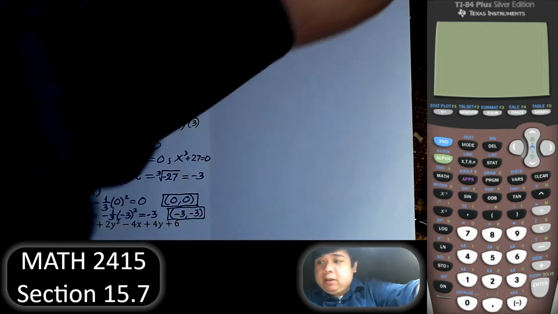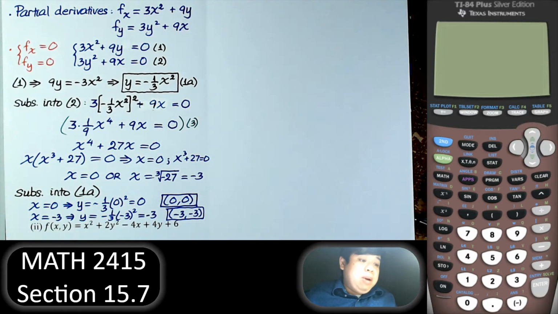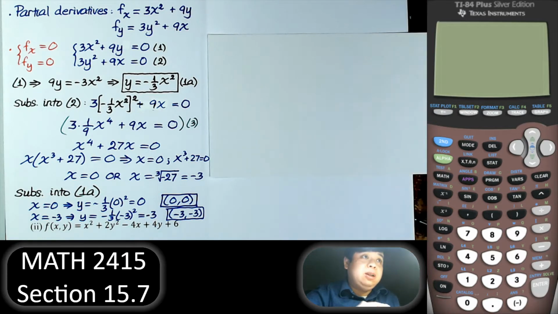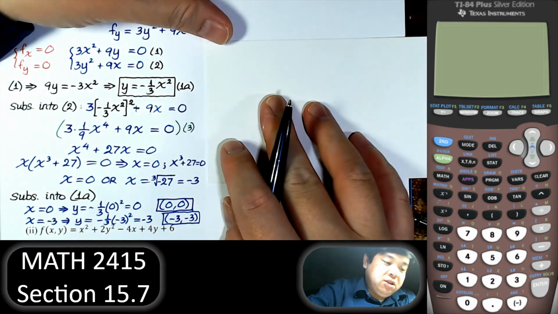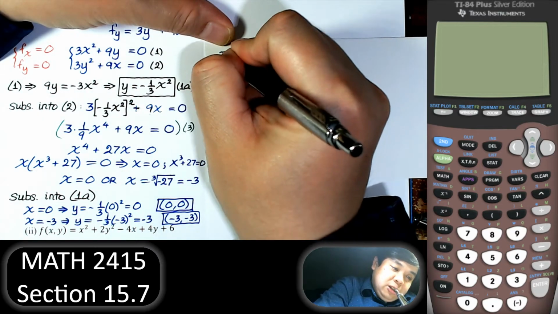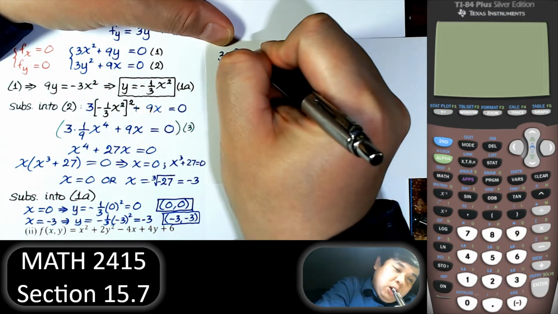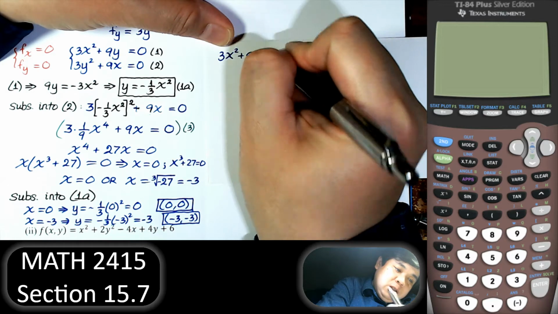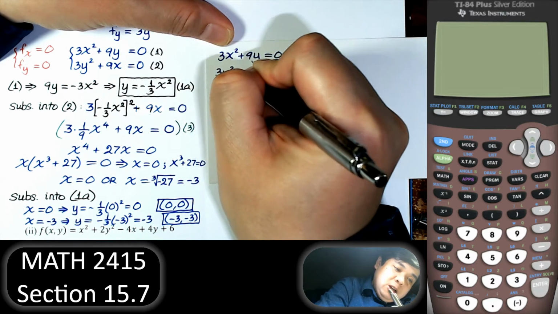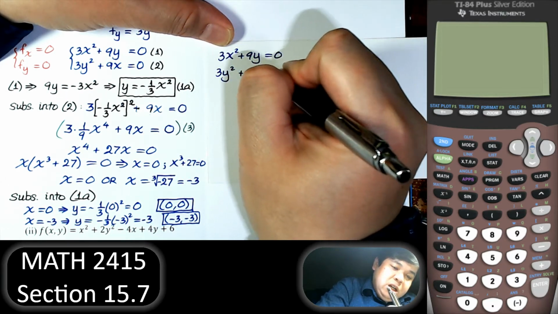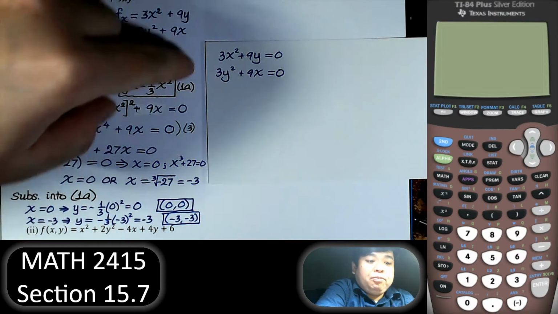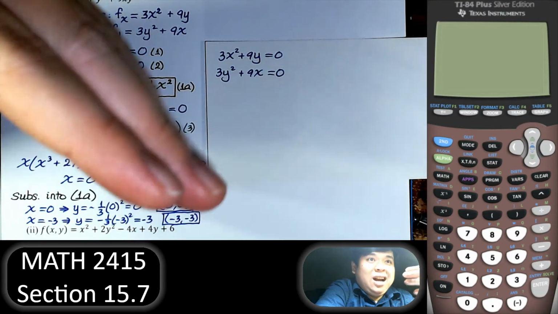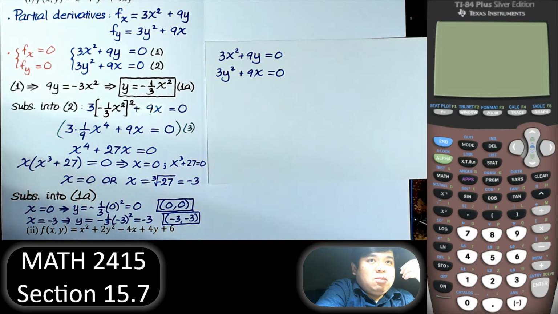Now, can we use elimination though? Of course. I'll do it differently so we can actually check our answer. From the equations 3x squared plus 9y equal to 0, and 3y squared plus 9x equal to 0, the reason I attempt elimination here is that those equations are symmetric.